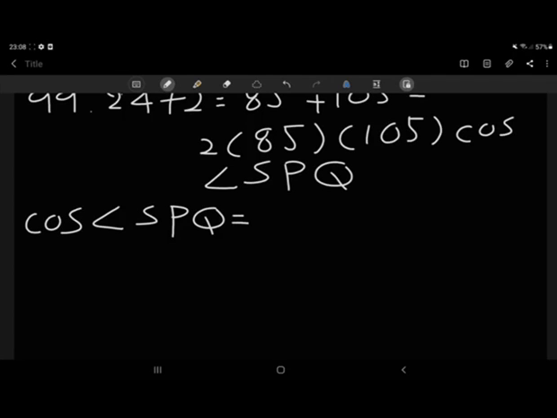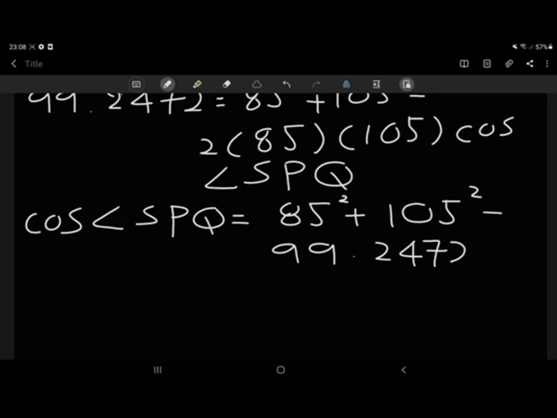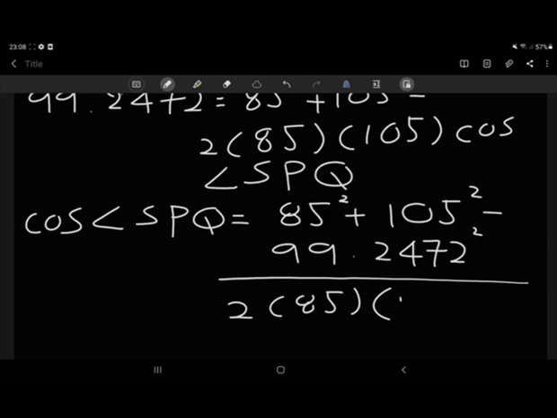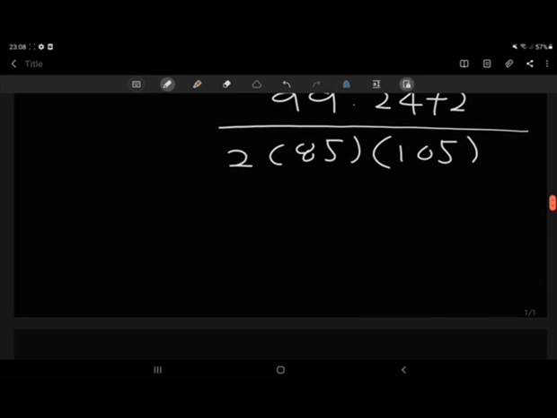Cos SPQ angle equal to 85 square plus 105 square minus 99.2472 square divided by 2 multiply 85 multiply 105.